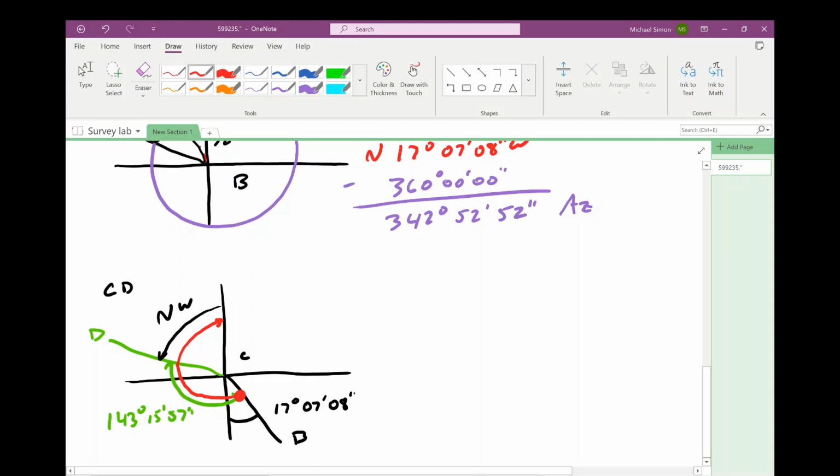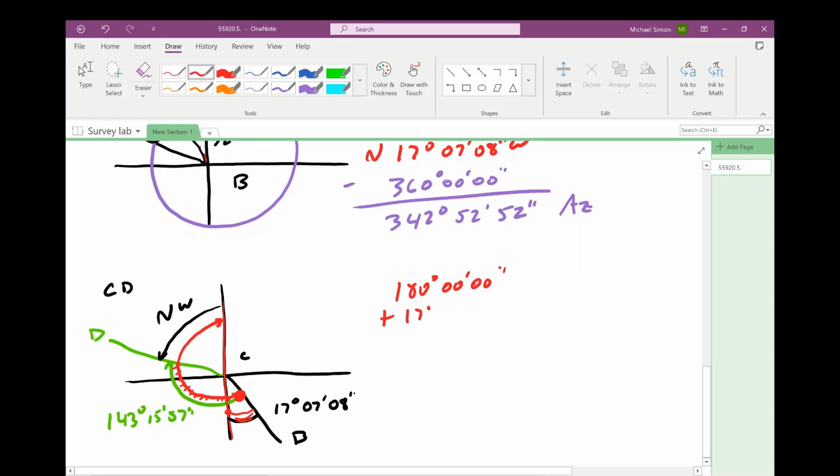So if I subtract out this part, that gives me just a piece of it, but I've got to incorporate this 17. So I'm going to take the 17 and bring it back to here. So that's 143 minus 17 brings me to here. Then I can subtract the 143 from 180 and get the northwest. Or the other way of looking at this is I have 180 degrees plus the 17. I like that option a little bit better.